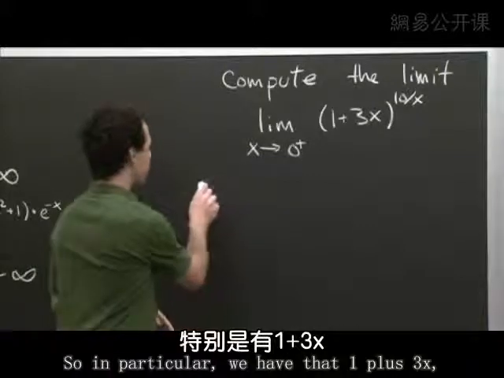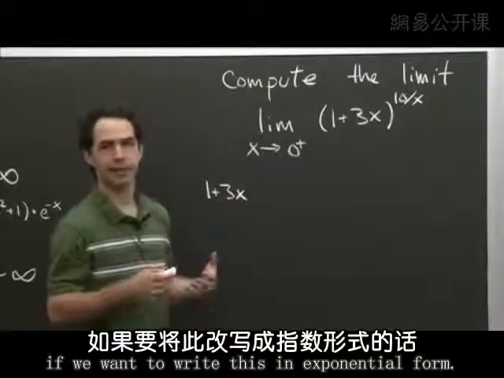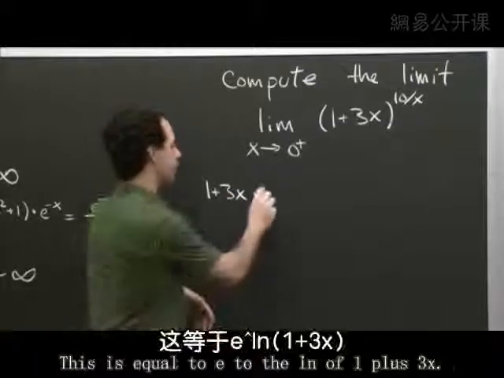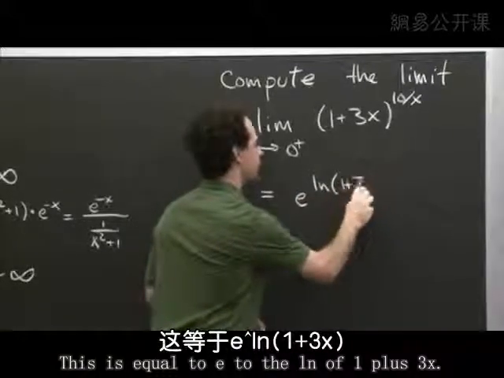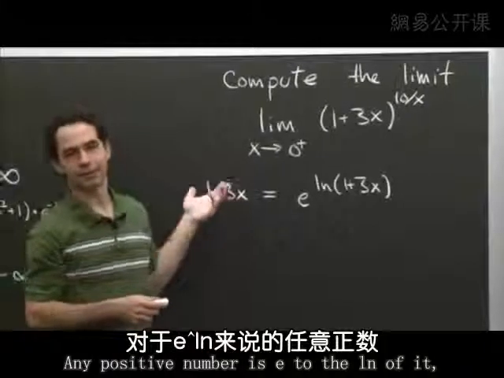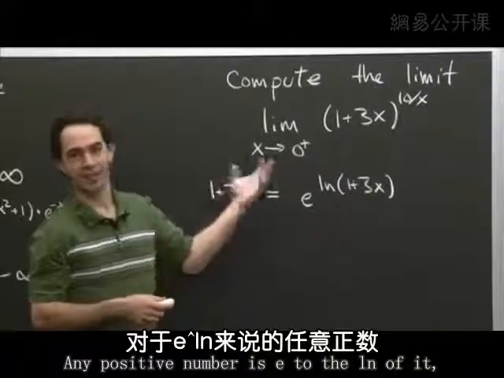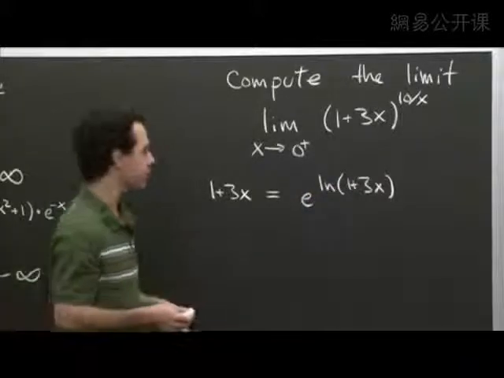In particular, if we want to write 1 plus 3x in exponential form, this is equal to e to the ln of (1 plus 3x). This is true of any positive number: any positive number is e to the ln of it, because e and log are inverse functions.